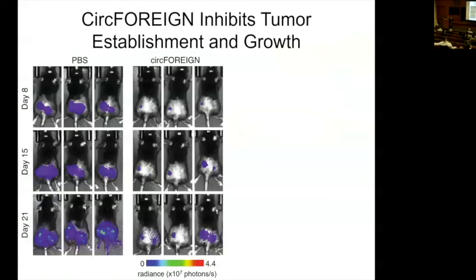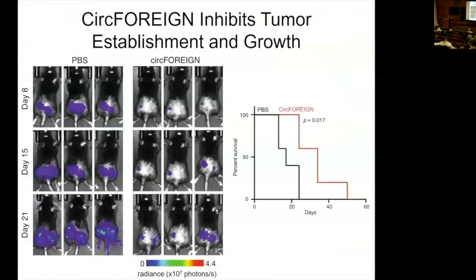Here are images of the mice treated with either PBS or CircFOREIGN. We find that there's a dramatic difference in the rate of tumor growth between the two different sets of mice. And this translates into a doubling of survival for the mice treated with CircFOREIGN compared with negative control PBS.